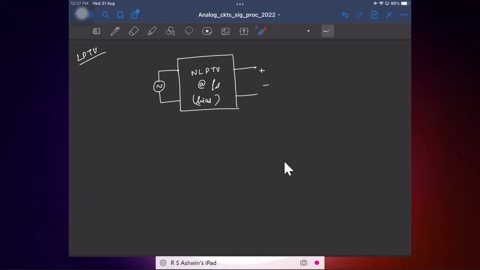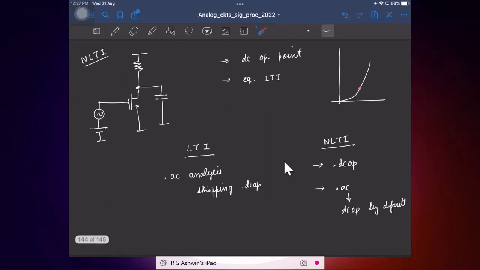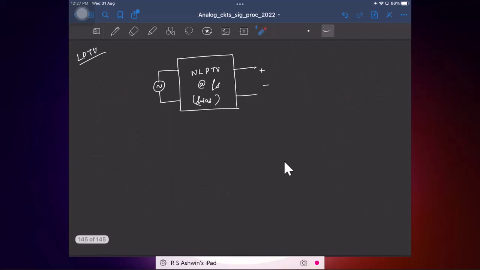So just like how for the nonlinear time invariant circuit, the first step was to find the DC operating point, and for that you de-energize all the small signal sources, you'll have to do something similar here. You will first de-energize all the small signals, and you will try to find the operating point.